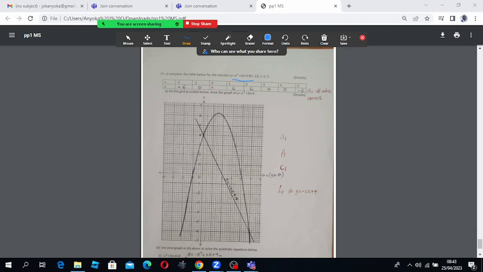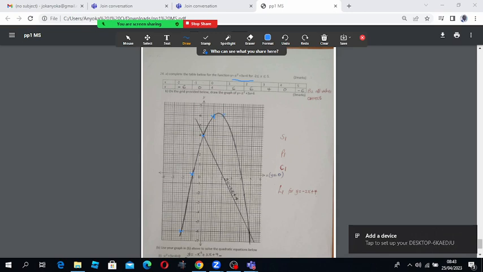Then we want to do plotting. We start plotting -2, -6. This one. -1, 0. (0,4) and 1,6.